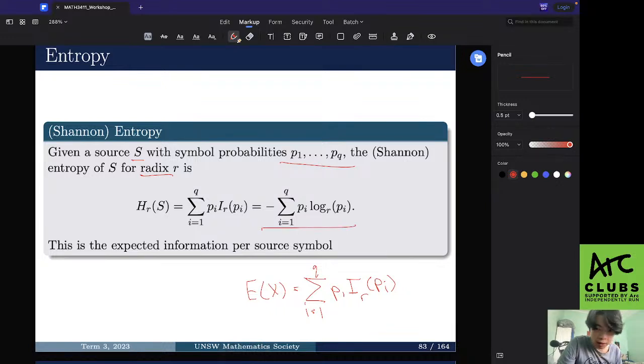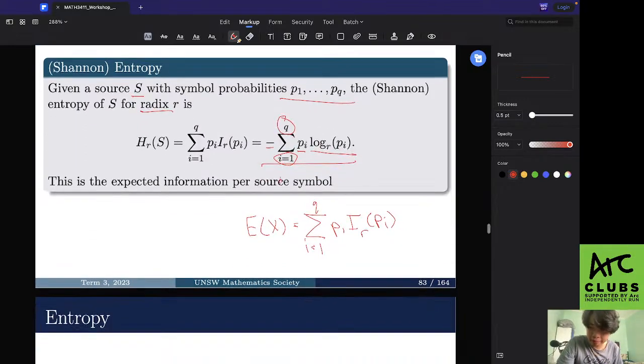So our entropy, which is the expected amount of information per symbol, is minus the sum of pi log base R of pi. Right, this is the probability, this is the information, and then we just sum it up for all available probabilities.